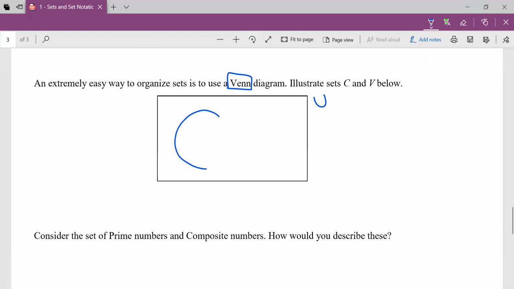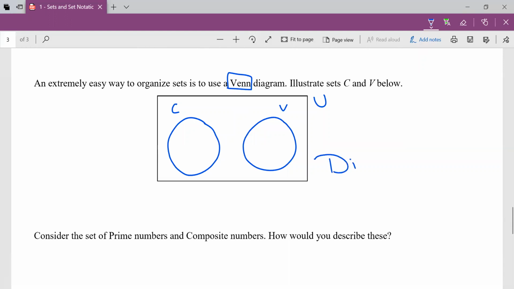Then we draw our sets. They don't have to be circles, but we always draw them as circles. So we've got the consonants and the vowels. But I kind of screwed up there, because the consonants and the vowels actually don't overlap. So again, they are disjoint.